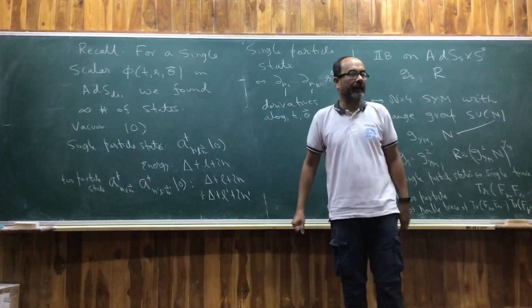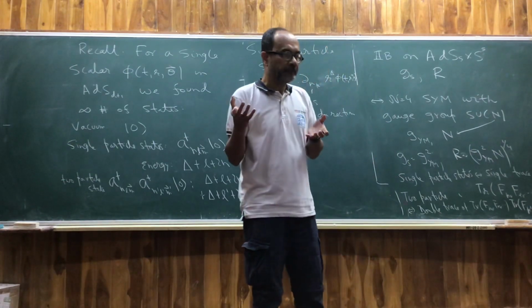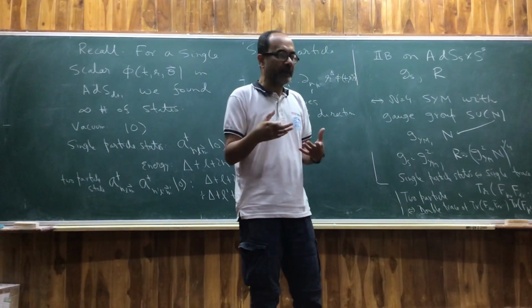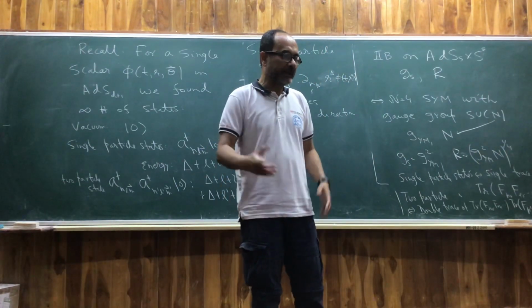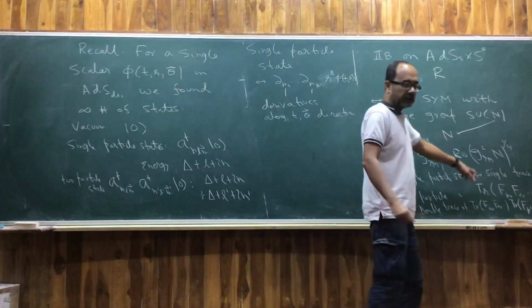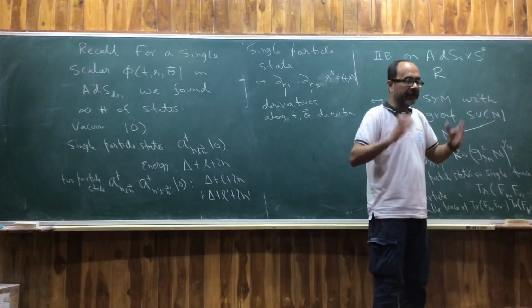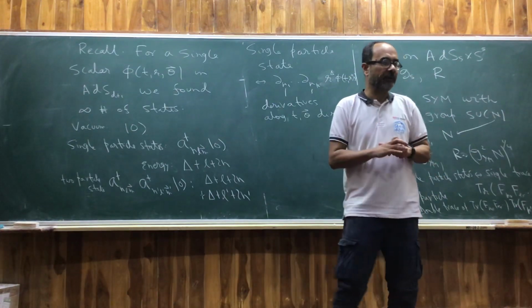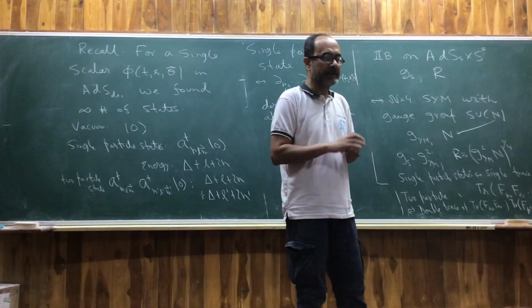So it's hard to do calculation directly. But using supersymmetry, one can get some results, and those are the results one uses to make this conclusion that single trace operators are like single particle states, or two trace operators are like two particle states, and so on.